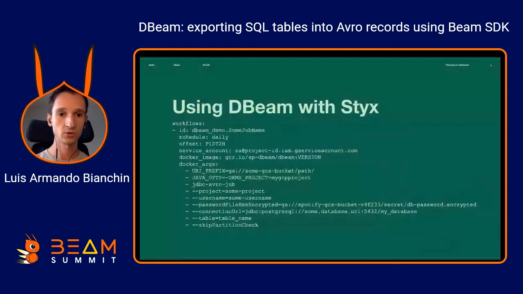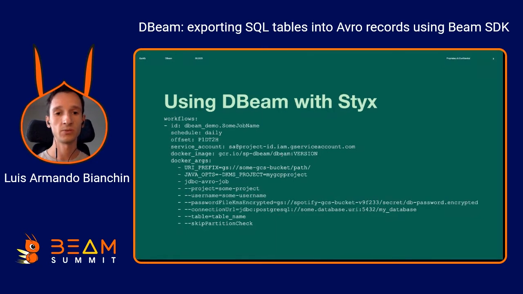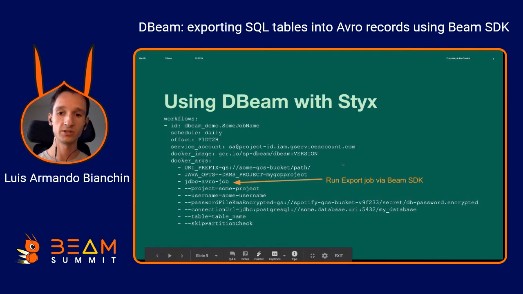Yes. So one example of how we use DBeam with Styx. In Styx, we can define these YAML files where we configure workflows. So here we configure one workflow saying that I'm going to run daily at 2 a.m. And we say to run an export using the Beam SDK here with this image and these commands.